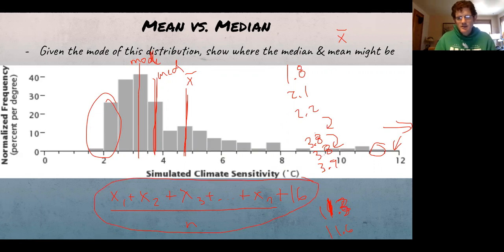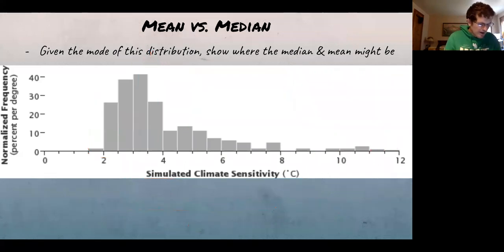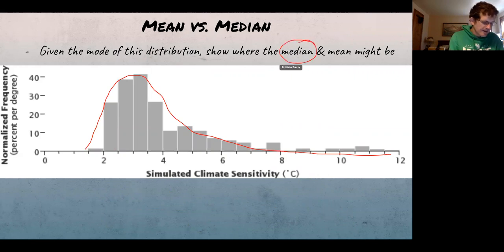So if we can see the difference of how mean and median are created, then we can see why the mean is actually affected more by outliers. Okay, any questions there? Okay, so that is the reason why. When we have a skewed distribution like this, we want to use the median because a median is more resistant to outliers.